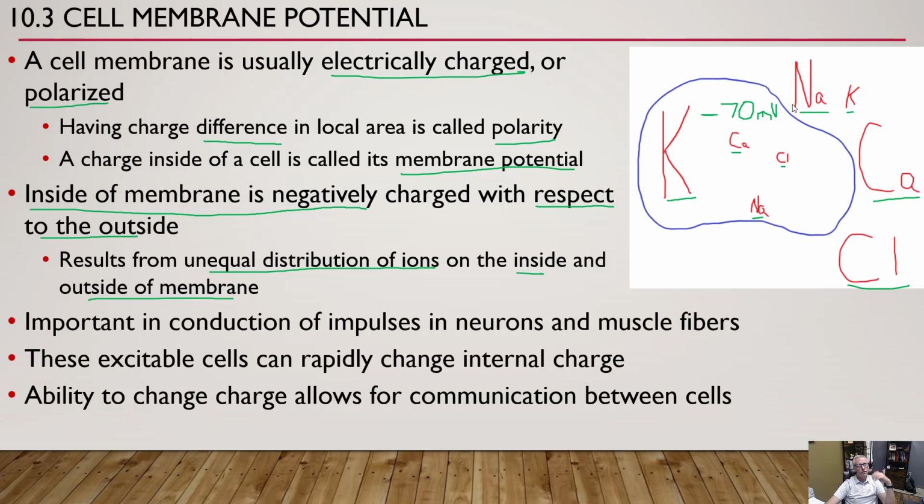Now, even though I wrote sodium, potassium, calcium, chloride, there are many more ions and molecules involved. Bicarb, glucose, a lot of things make up this negative 70, but I didn't write them all.